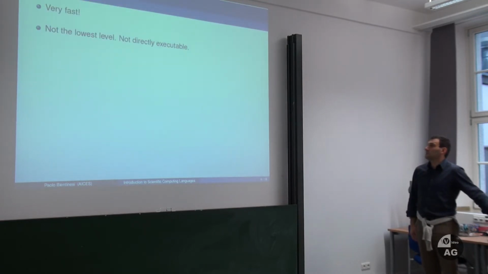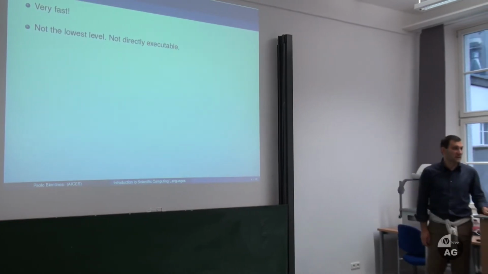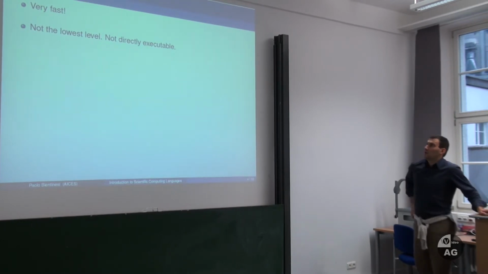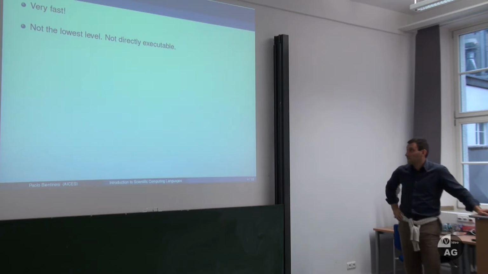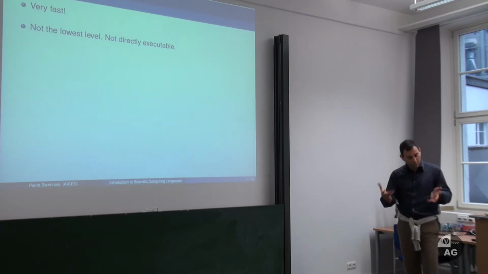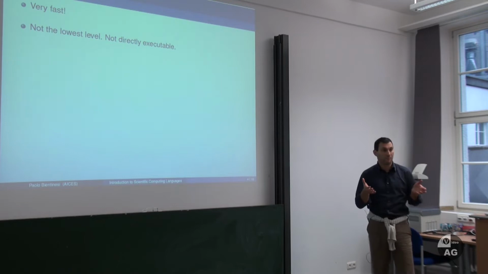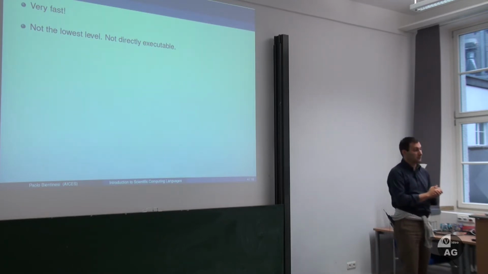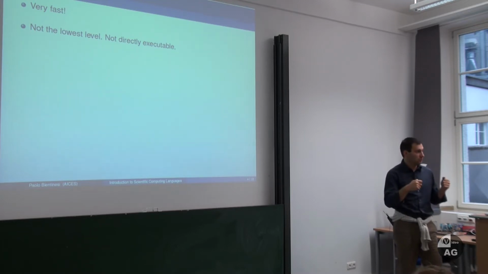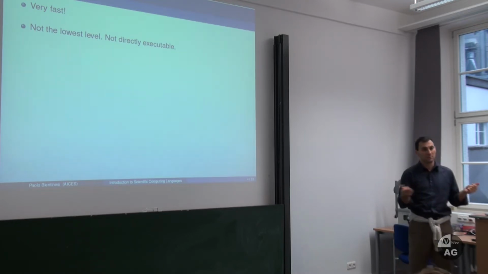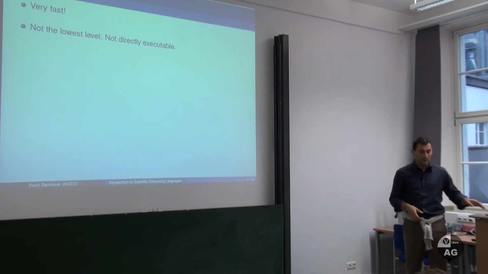Okay, assembly. First of all, it's a very, very fast language. What does it mean fast? It means that if you write a program in a smart way, assembly allows you to use all the resources of your processor.